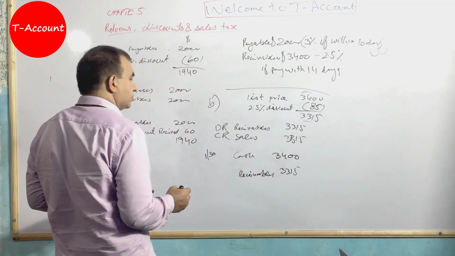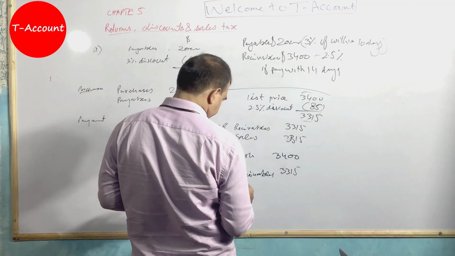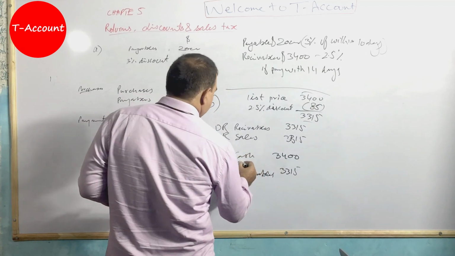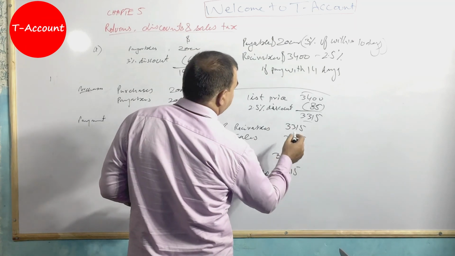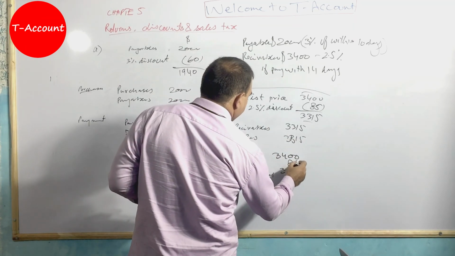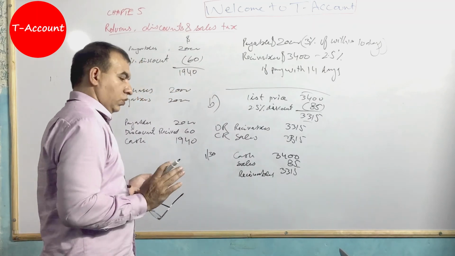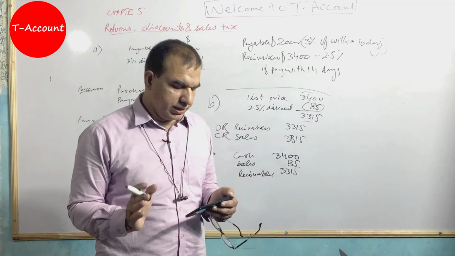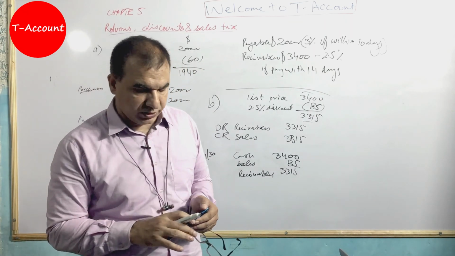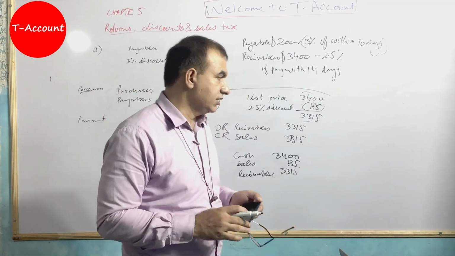Where does the difference go? The difference is additional sales of 85. George will consider it as additional sales at the time of payment. So that's how we'll deal with that.